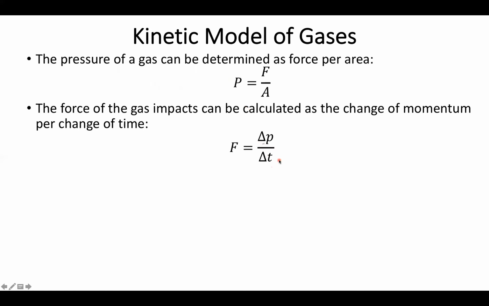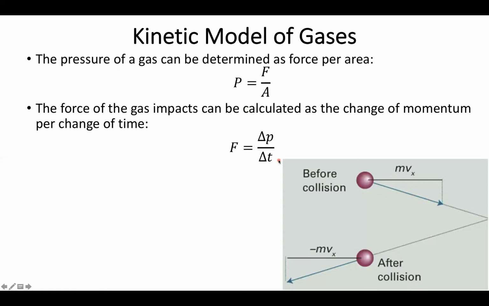So let's go ahead and look at this a little bit more visually. I'm going to have some sort of gas that's going to be coming in with a certain velocity. It's going to hit the container wall, and because it's an elastic collision, it's going to bounce back in the opposite direction. Vy and Vz won't change, but Vx is just going to be the opposite of what it started, going in the opposite direction.